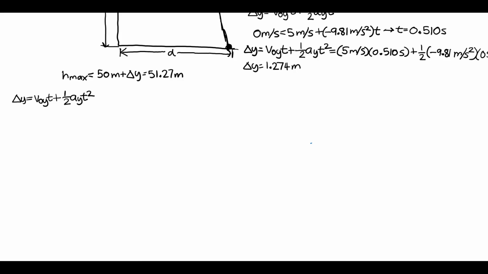So we're going to have to suck it up and plug in our values. Note that delta y is negative in this instance, since we're moving downward. So this becomes negative 50 meters, because the change from our initial point to the bottom is negative 50, equals v naught y, 5 meters per second, t plus 1/2 negative 9.81 meters per second squared, t squared.